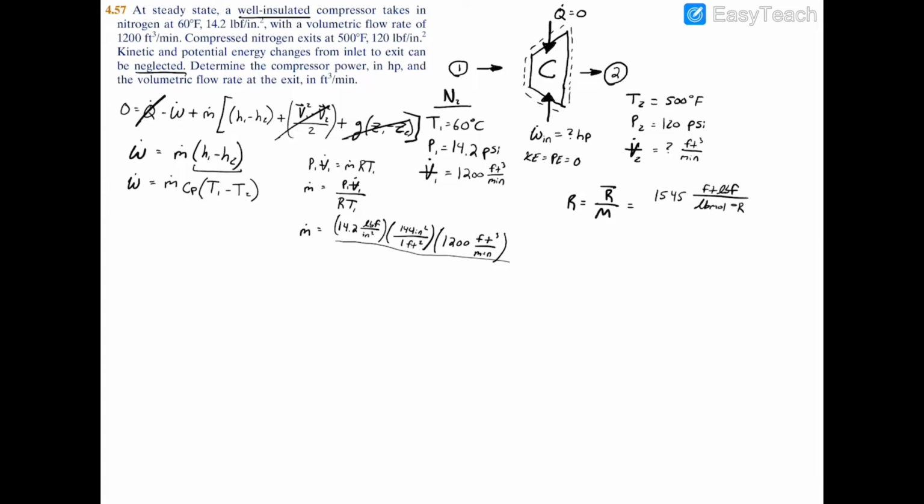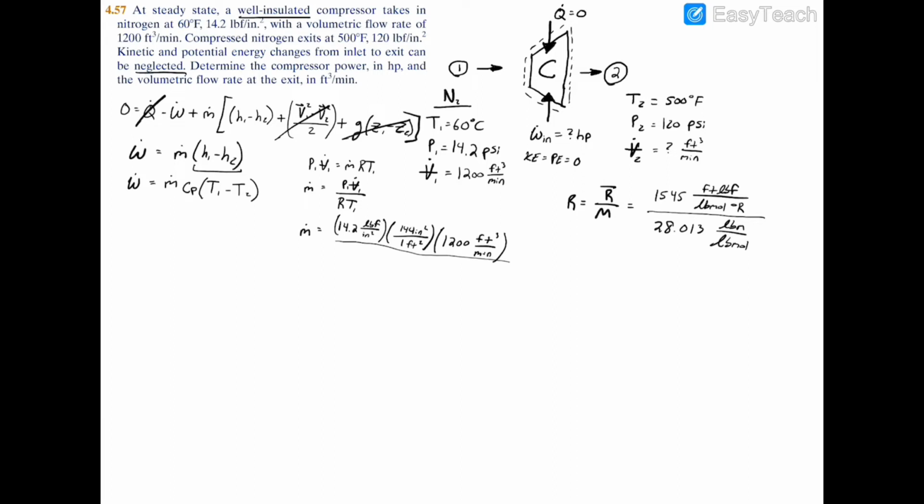Think of it kind of like your kilojoule per kilogram Kelvin, except this is the English equivalent. And our molar mass is simply 28.013, and that's pound mass per pound mole.